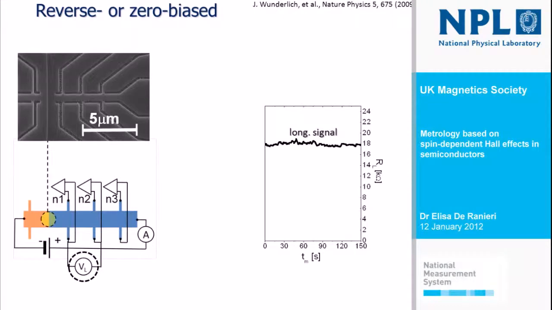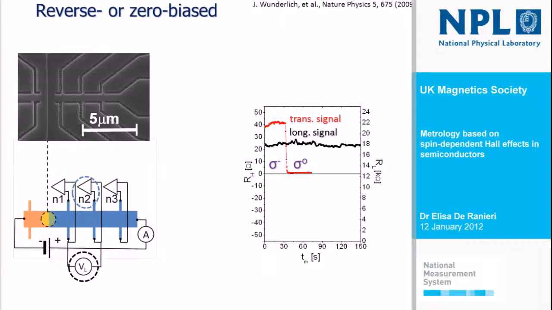The first thing to note is that the longitudinal signal doesn't depend on the polarization of the light, but the transverse signal does. So if you have a certain helicity of the circular polarization of the incident light, you get a certain sign and magnitude of the signal at this cross number 2.